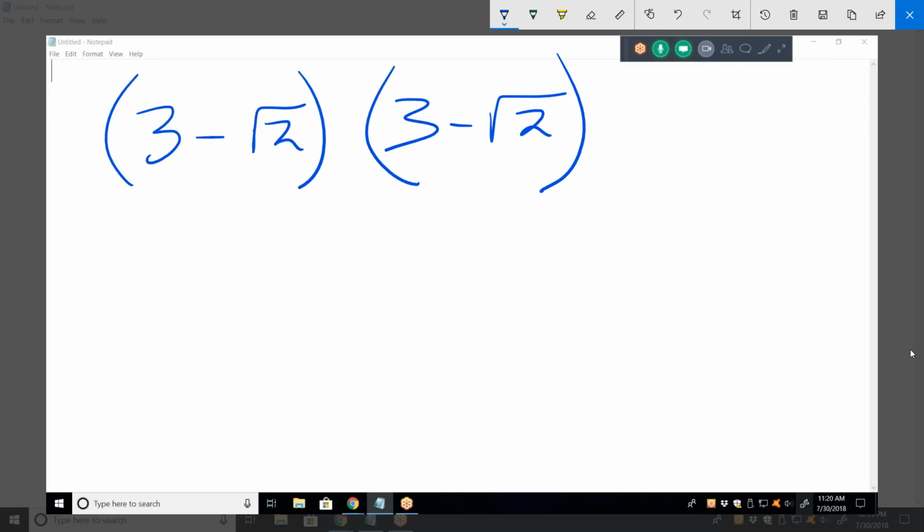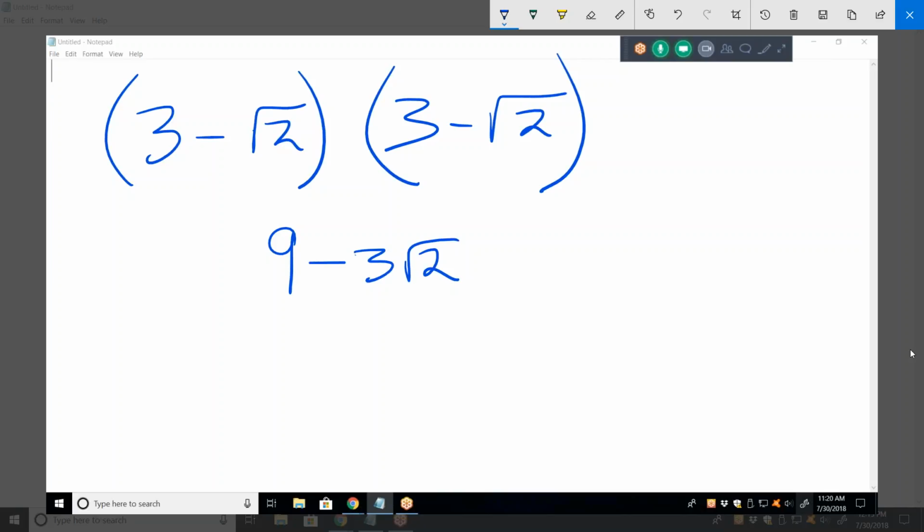Well, multiply, what's the F give you? 9. What's the O give you? 3 times negative root 2, which is negative 3 root 2. That's how you write it.